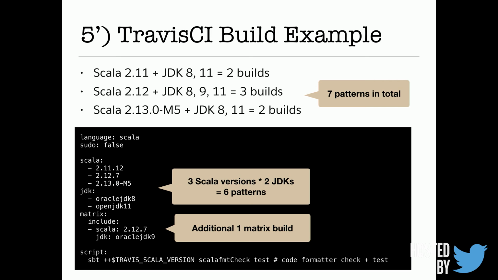This combination is not supported in the 6 patterns, so you can add any other patterns like this. And also in this example, not only compile and running tests, but also checking the source code inconsistency. So you can do anything in the script part.